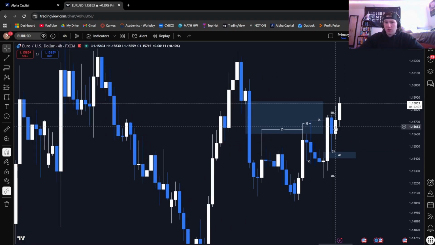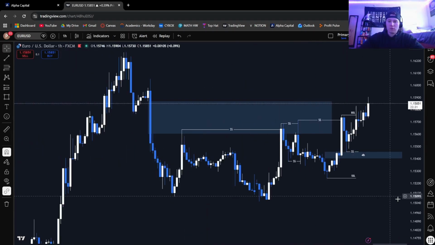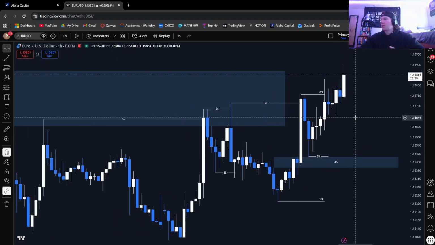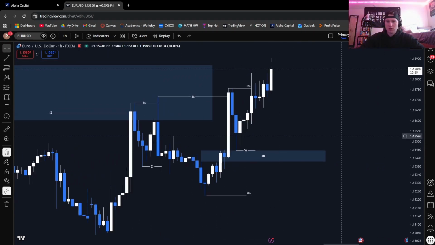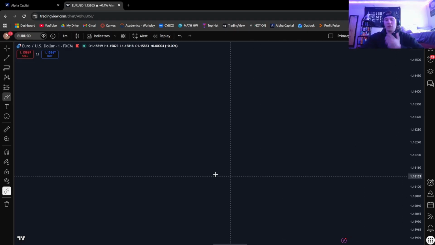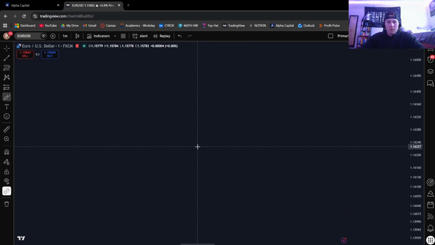And I didn't know where price wanted to go. If it wanted to go lower, we keep sweeping out these highs, these highs, these highs. And so you keep dropping time frames until you can get a better picture of what price wants to do.